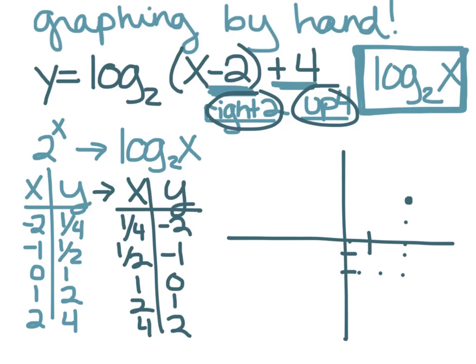So it would go about right there, right? If I had a point at 1/2, negative 1, that would have to go right 2 and up 4 here. A point at 1, 0 would go right 2 and up 4. I'm running out of space, but you get the point.